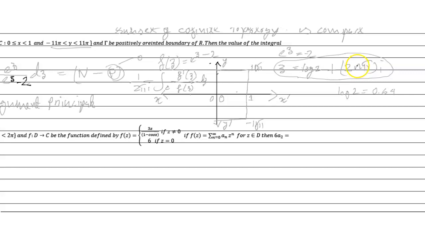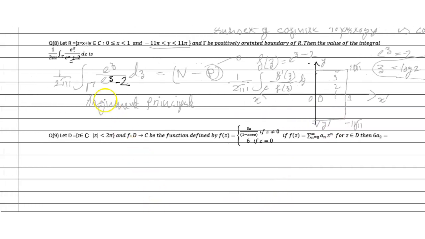You can get 1, 2, 3, 4, and up to a total of 11 zeros. So this value is 11. We can get 11 zeros, because from minus 11 pi to 11 pi we can get 11 zeros.